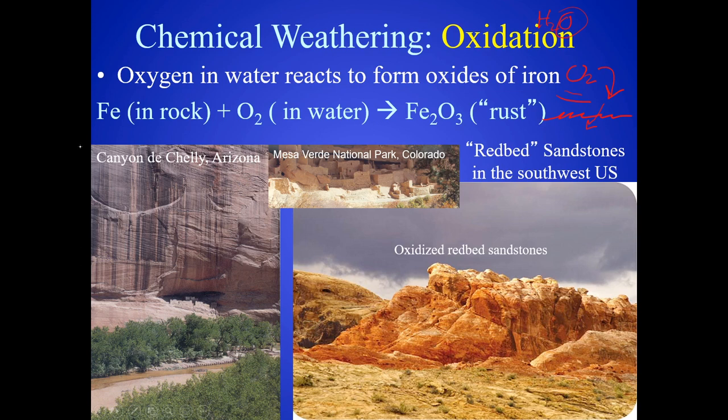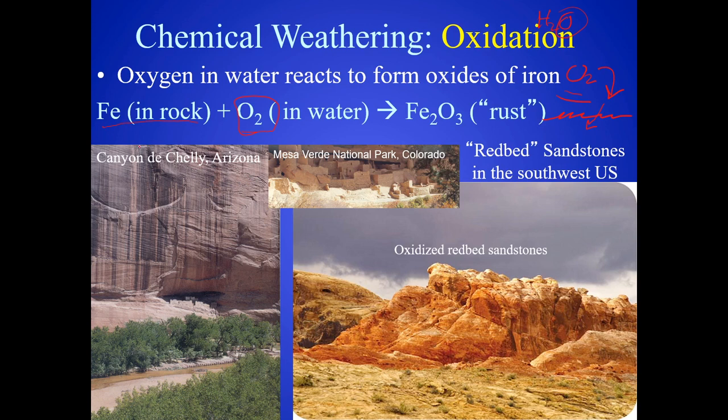But suffice to say, I'm sure you all know that if you leave an iron tool or something out in the house, dry, it's not going to rust. But as soon as you leave it out in the rain and it gets wet, then it will start to rust. So it's the combination of the O2 and the water that is very reactive with iron, and then you start getting rusting.